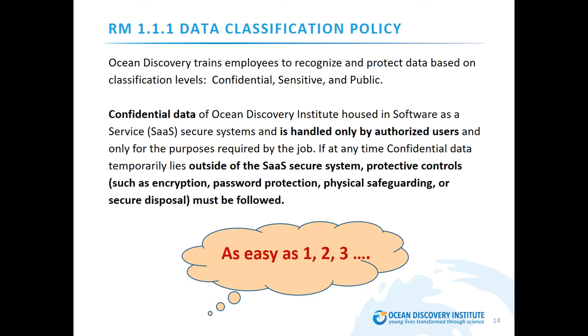All confidential data is handled only by authorized users and only for the purposes that are required by the job. For example, if you are a student initiative staff, you may be granted access to the Data Propeller system containing student records. If you are a development staff, you may be granted access to Razor's Edge containing donor records. Other student enrollment.